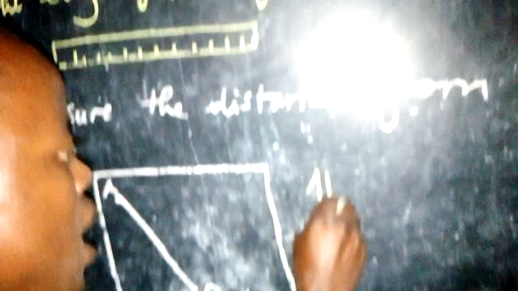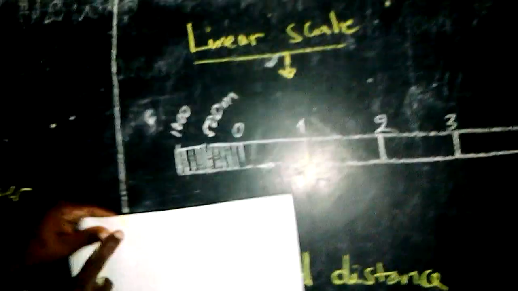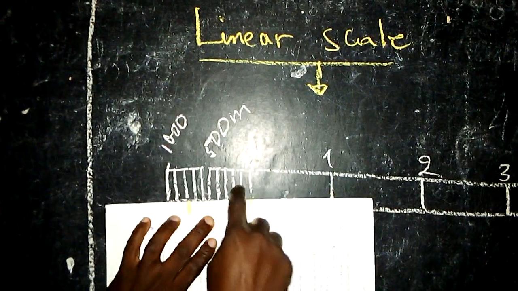Meaning we have 1 kilometer plus the remaining part. This part from here to here is measured in meters. For example, we have 100, 200, 300, 400, 500, 600, 700, 800.